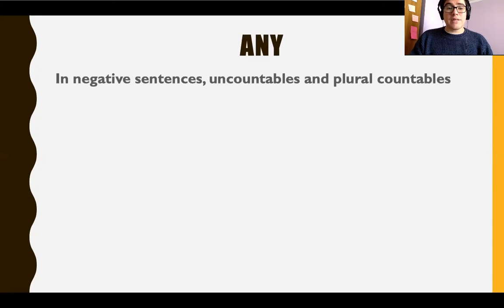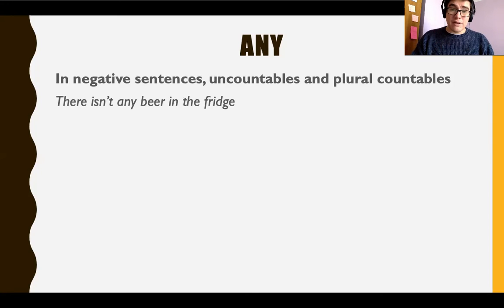Another interesting word to analyze is any. The meaning of any varies depending on the case. For example, we can use any in negative sentences with uncountable words or with plural countable words. For example, there isn't any beer in the fridge. It is a negative. We're saying there's no beer in the fridge.